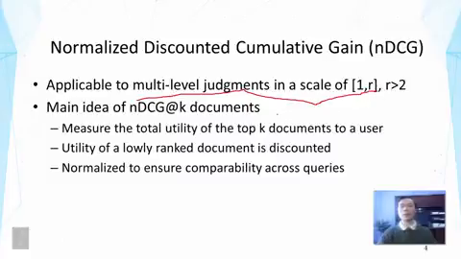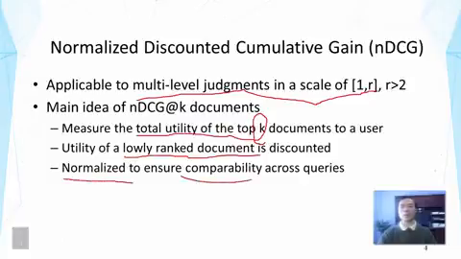And the main idea of this measure, just to summarize, is to measure the total utility of the top K documents. So you always choose a cutoff, and then you measure the total utility. It would discount the contribution from a lowly ranked document. And then finally, it would do normalization to ensure comparability across queries.